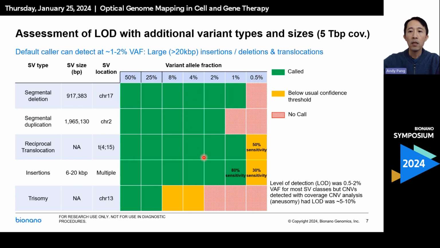You can see that we detect the vast majority of the structural variants. The limit of detection is somewhere between 0.5% to 2%. But for trisomy or aneuploidies, with the copy number depth of coverage algorithm, the limit of detection is somewhere between 5 to 10%.